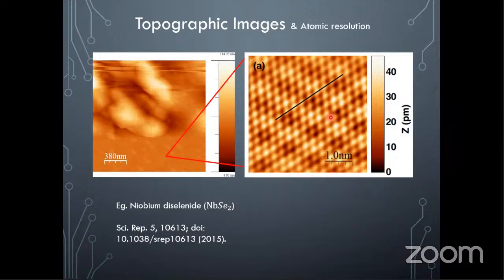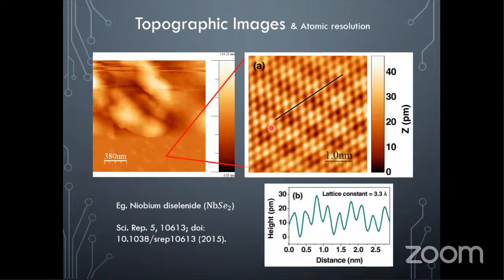These are selenium atoms, shown in this small bubble-wrap-like picture. Each of the bubbles is one atom. So this is the resolution one can achieve using STM. So one can actually see atoms.